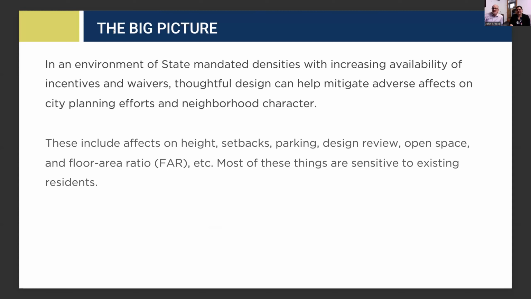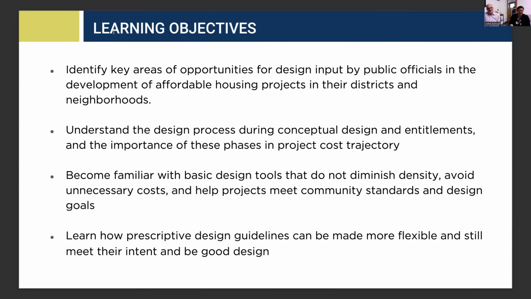And these include things like height, setbacks, parking, design review, open space, floor area ratio, all the hot button issues, very sensitive to existing residents. So we're here today to walk through, first of all, the process, and Monica is going to talk about the learning objectives.